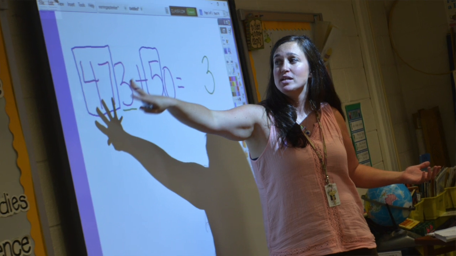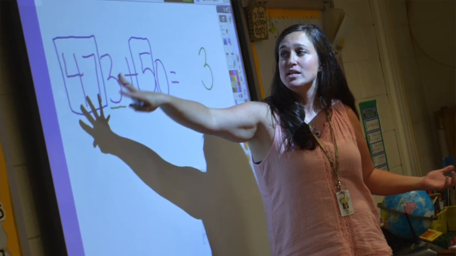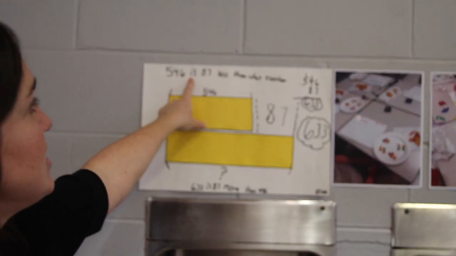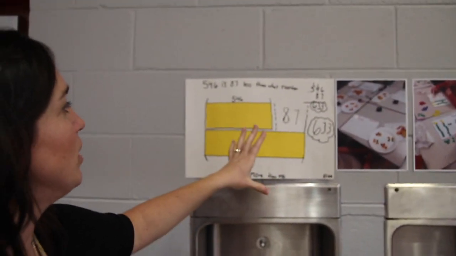We do Singapore math. It's very visual based, a lot of manipulatives at first, and then we move on to the visual, and then we do just the basic algorithms. I think we do what are called bar models. So like this, 546 is 87 less than what number?